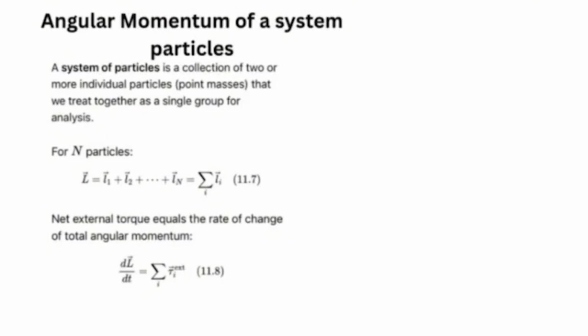L is equal to L sub 1 plus L sub 2 plus so on plus L sub n, which is equal to the summation of L sub i, and the net external torque equals the rate of change of the total angular momentum, dL over dt is equal to the summation of external torque i. This is the rotational version of Newton's second law for a system.